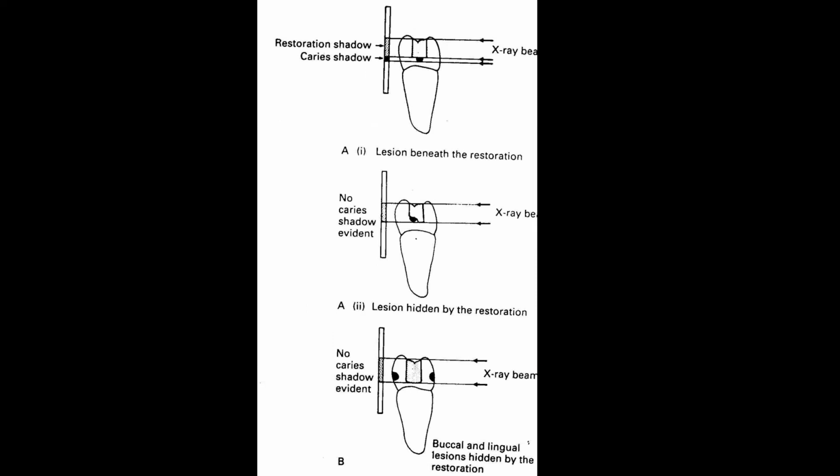Similarly, if there is a buccal and a lingual lesion and there is a restoration in between, we will not be able to see the shadow of the caries due to the very radio-opaque restorative material on the tooth. So these are some of the limitations again of the radiographs in diagnosing caries.